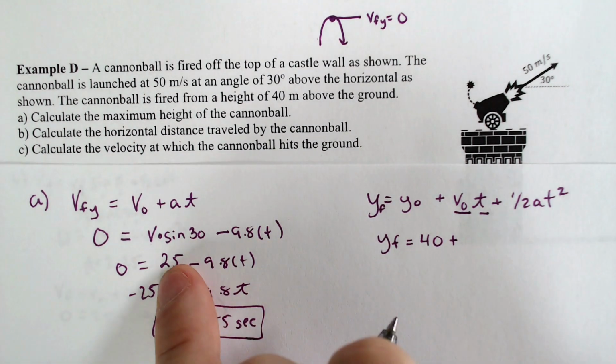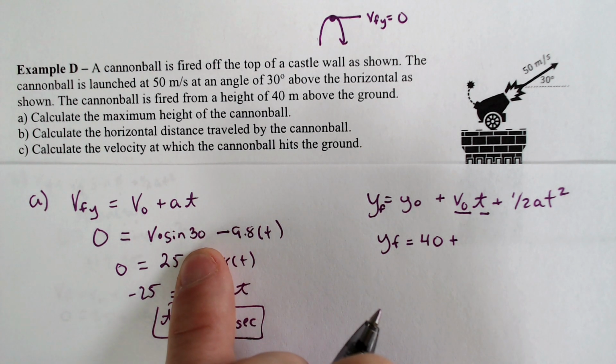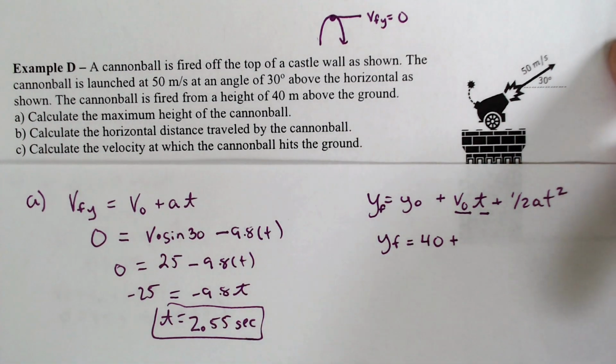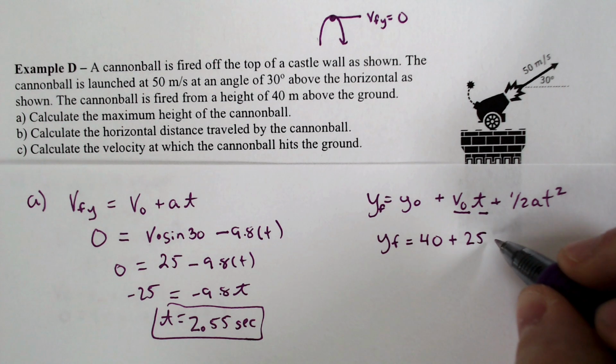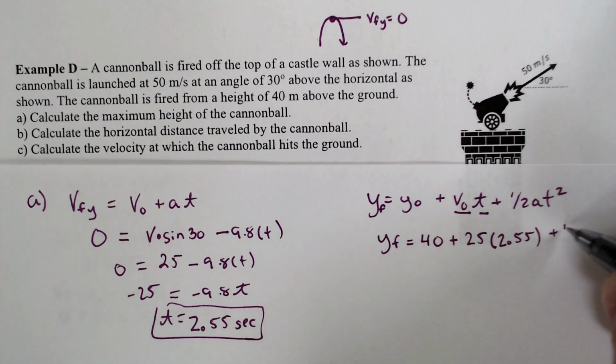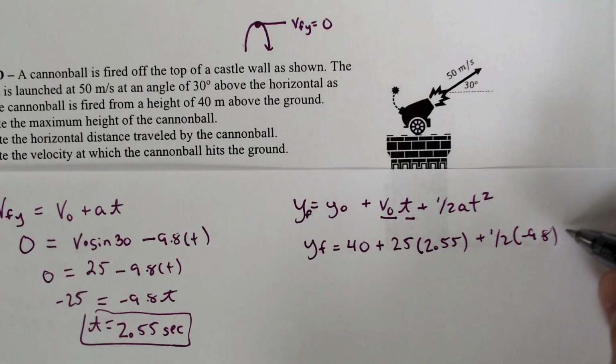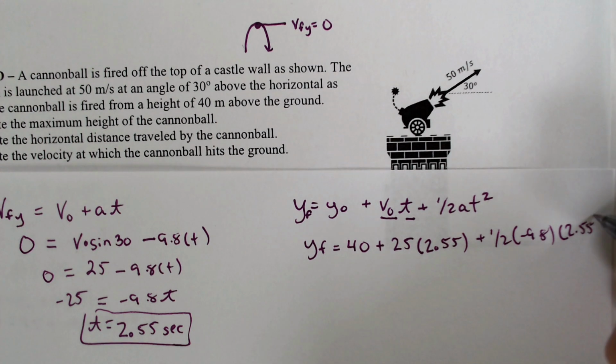Well, the initial velocity was v sine of 30, which was 25, the y component of that cannon being blasted out, which was 25 times t. We just found out t is 2.55. Plus 1/2 times negative 9.8 times 2.55 squared.